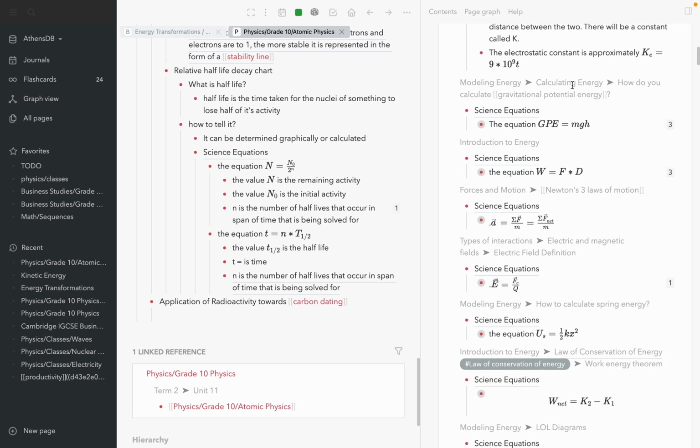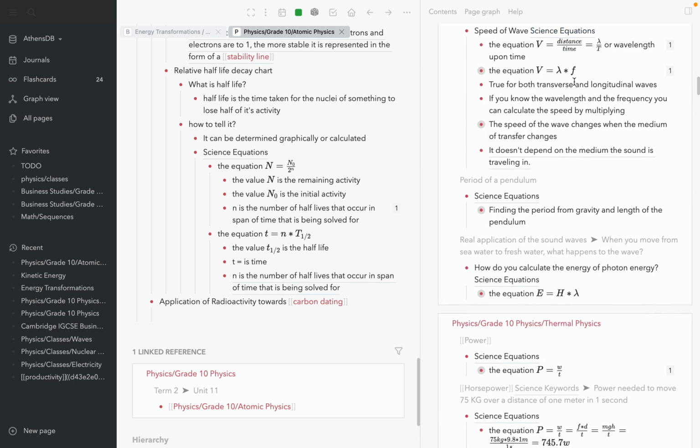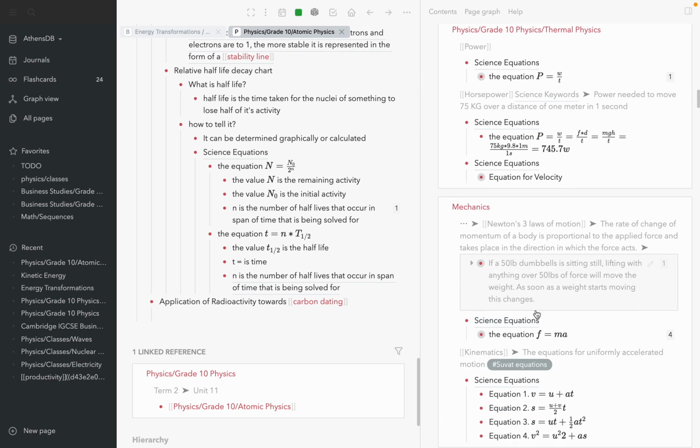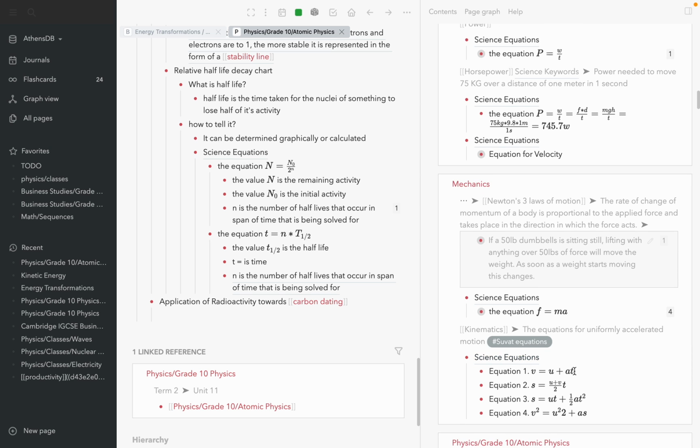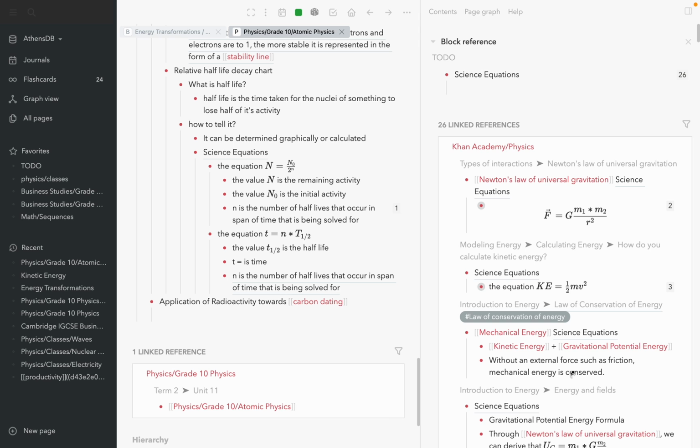It's very useful for me. I can go through here: thermal physics, mechanics, the equations that are used, the Suvat equations. All this is just collected under one place.